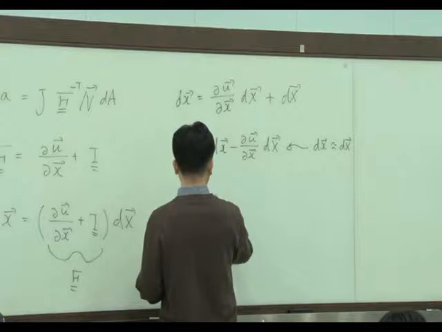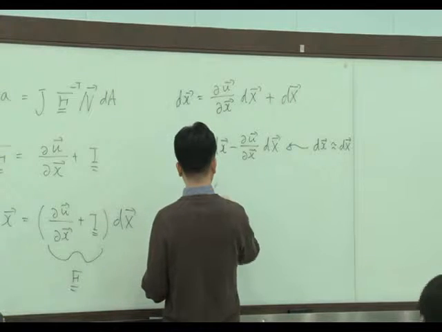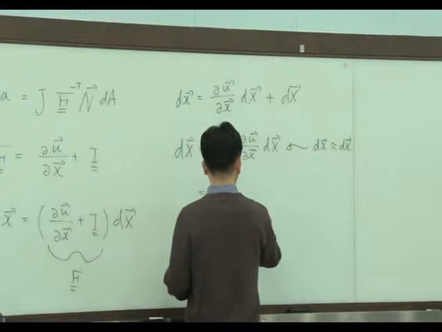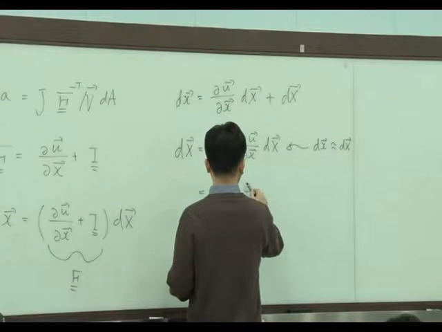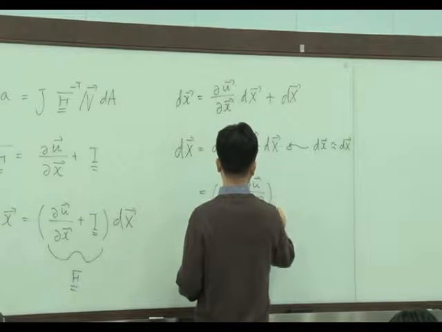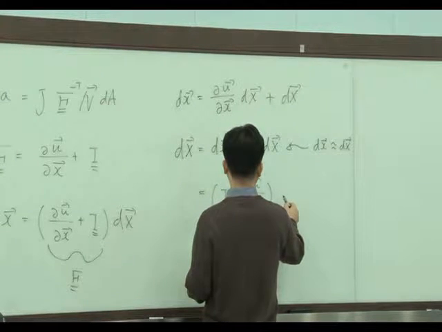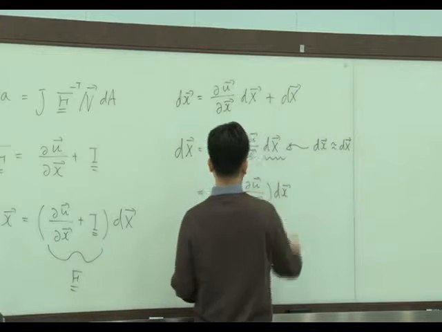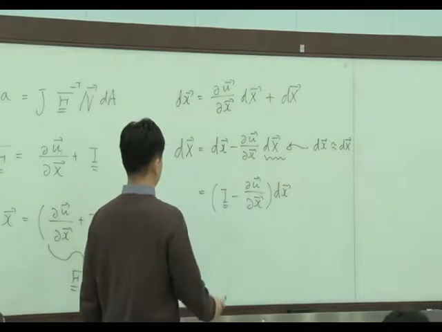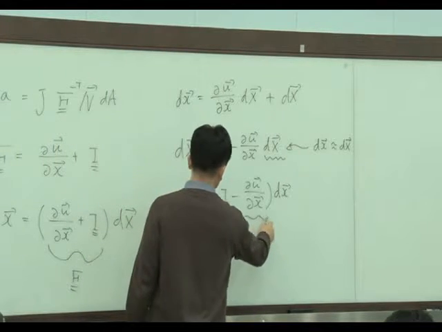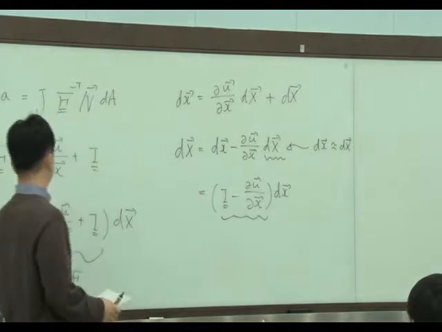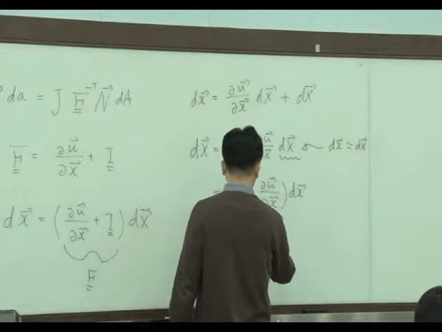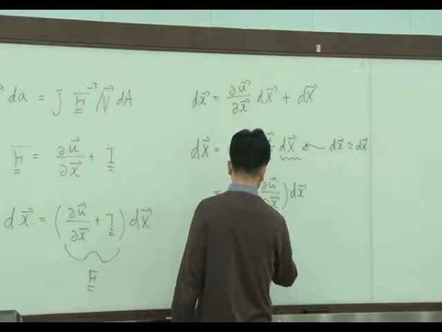Then we can have the equation dX equals I minus gradient of U times dx. So watch this. This is an inverse, the inverse of the deformation gradient, F to the minus 1.